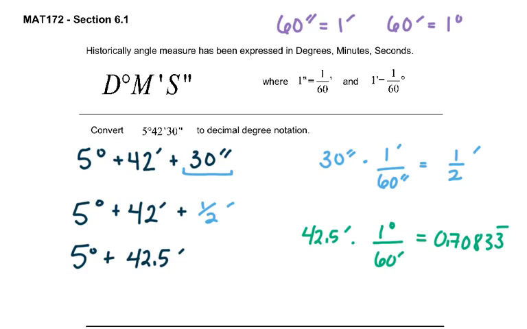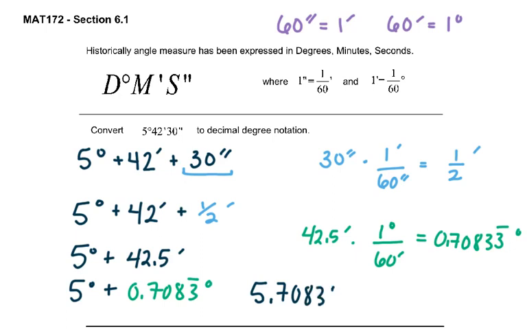So I'm going to write that over here on my paper. I have 5 degrees plus, we said 42.5 minutes was equal to essentially 0.708 repeating 3 degrees. And this is the same as 5.7083 degrees.